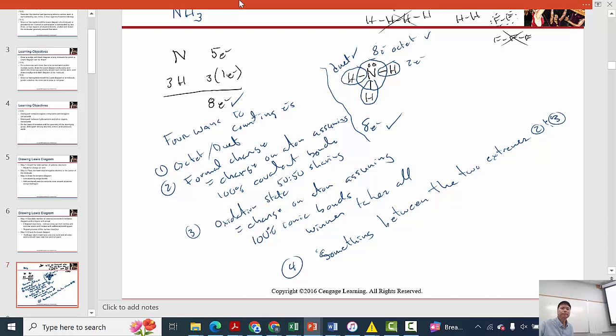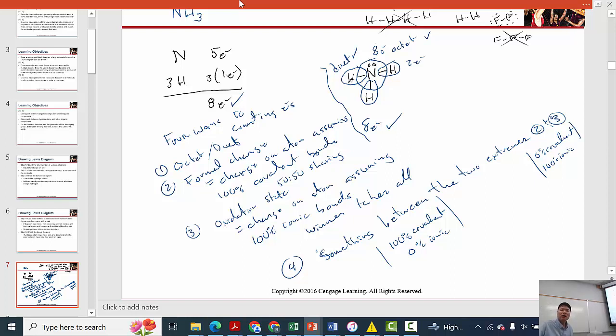If we're at the extreme 2, for example, we have 100% covalent, which is 0% ionic. And so on one side of the extreme, we have this here. At the other side of the extreme, we have 0% covalent, 100% ionic.